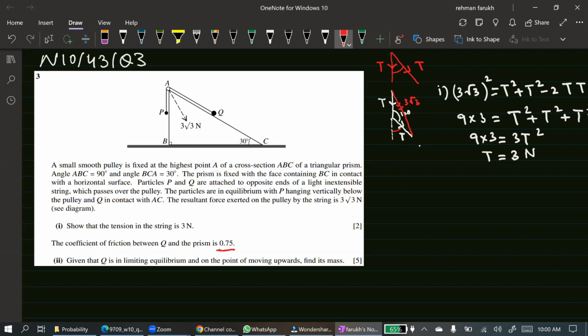Now the tension in the string is 3 newtons. With respect to P, tension is in this direction. With respect to Q, tension is in this direction. The particle has the tendency to move up the plane, so friction will act down the plane.